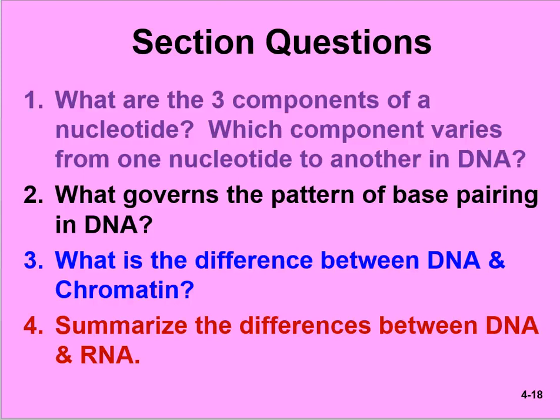Remember that DNA has deoxyribose as its sugar, but RNA has ribose, and that DNA has the 4 nucleotides adenine, cytosine, thymine, and guanine, whereas in RNA there is no thymine. Instead, that's replaced with uracil.